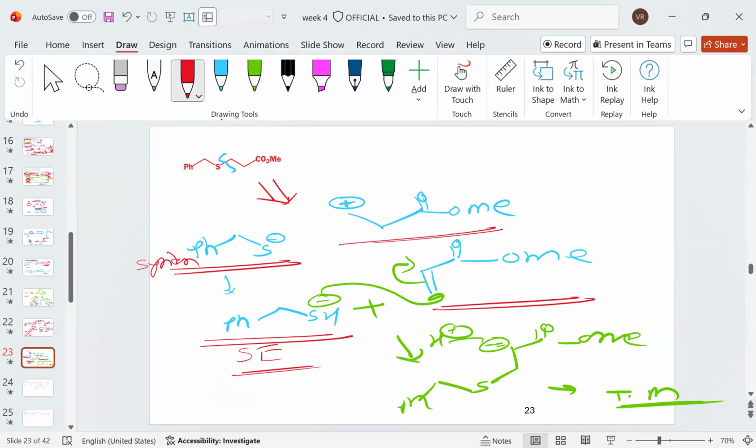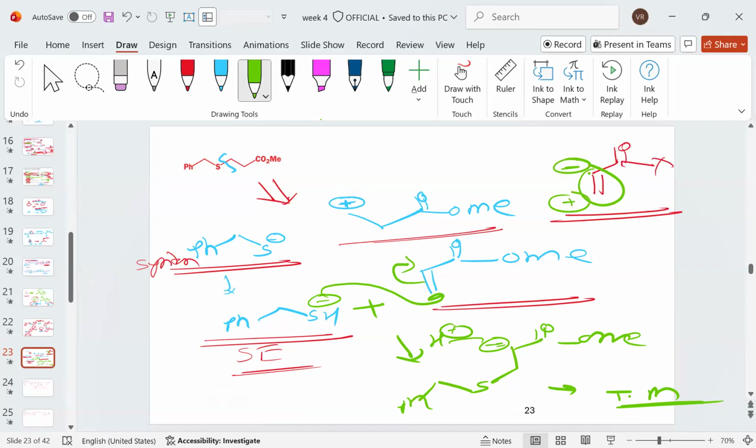So this is also one of the useful molecular architectures for the synthesis of some target molecules, in which this position has the negative charge and this position has the positive charge.